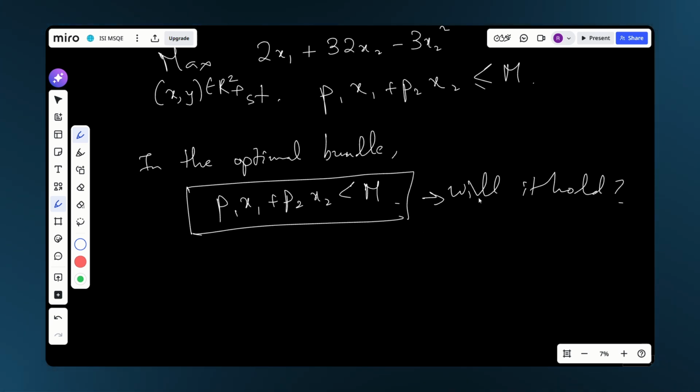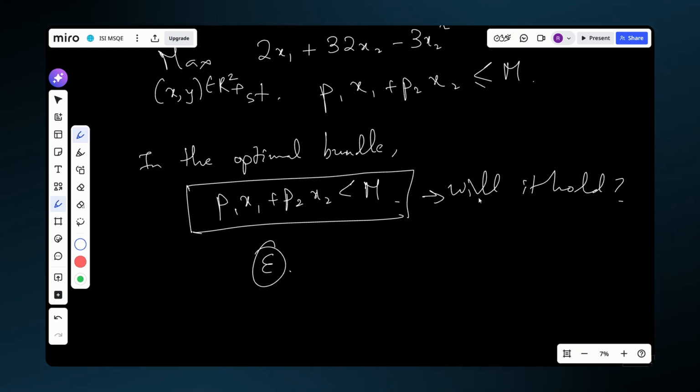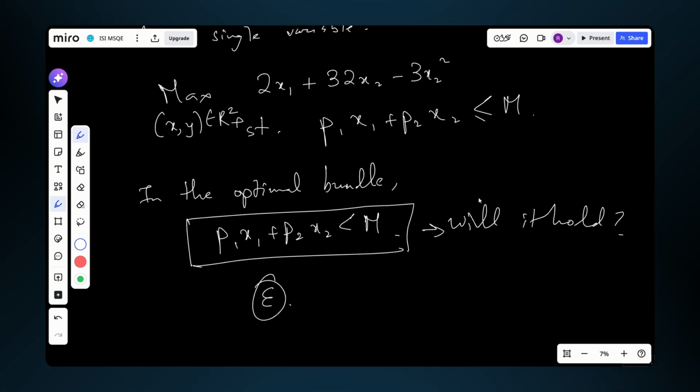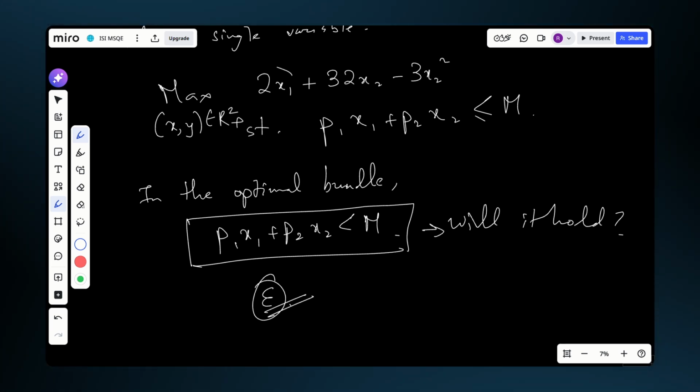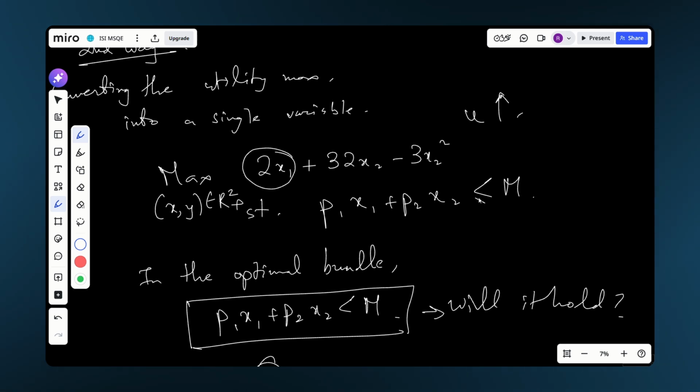It will not. Why so? Because if, let's say, there is an epsilon amount of income being left out, and I put this entire epsilon into x1, then you can see that our utility will go up, right?